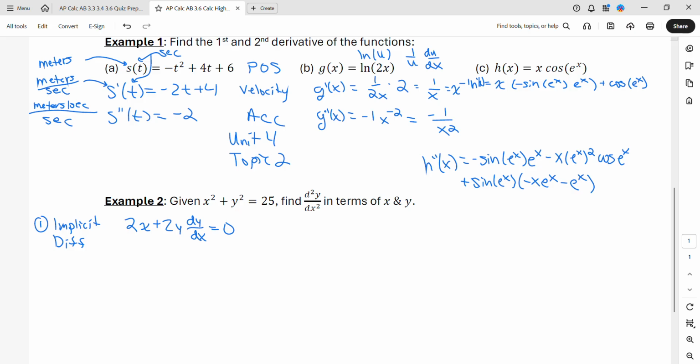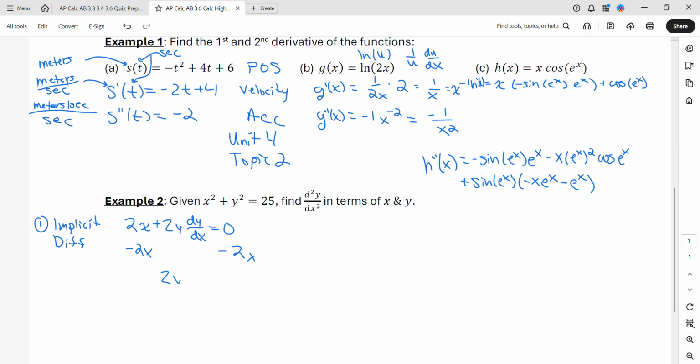And if you want to put y prime, that's fine. Now we'll have to solve for that dy dx. I've never tried taking the second derivative from this expression, just because if we solve for dy dx, it becomes a lot simpler. So I subtract that 2x, subtract that 2x.